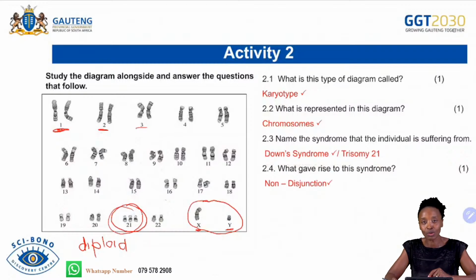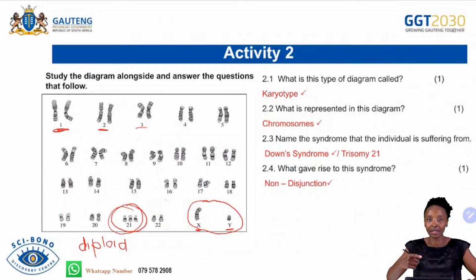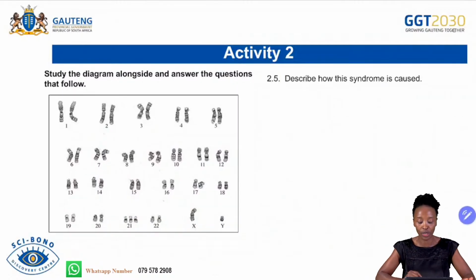Another thing that we need to be careful of, remember, Down syndrome only comes after fertilization. So at the end of meiosis, there will be that cell which has an extra copy on pair number 21, so instead of having 23, they will have 24. But we cannot say that it's Down syndrome until fertilization has taken place and a zygote is formed that has 3 copies on chromosome number 21.